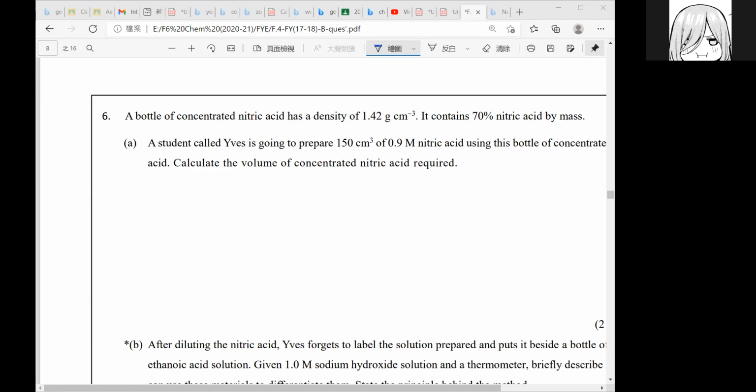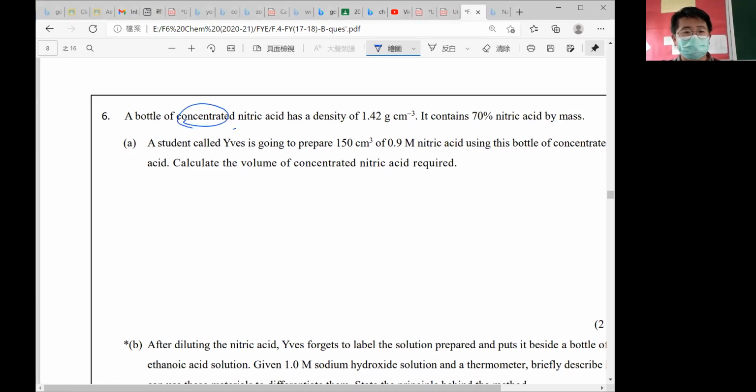Okay, we have got question 6. Question 6, a bottle of concentrated nitric acid. Now a very authentic experiment. Evidence shows this contains 70% nitric acid by mass. You may find it very authentic, but the question is a little bit different.